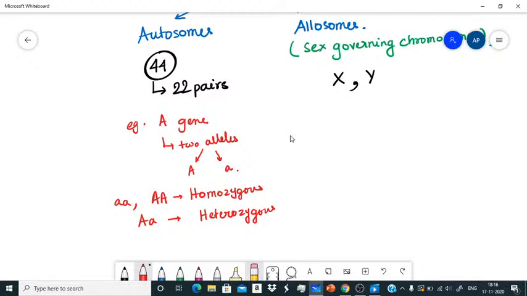Now, this kind of situation can also be said when we have the XX arrangement. But when we have XY arrangement, we have two different chromosomes. Two different chromosomes. And each gene has only one allele.